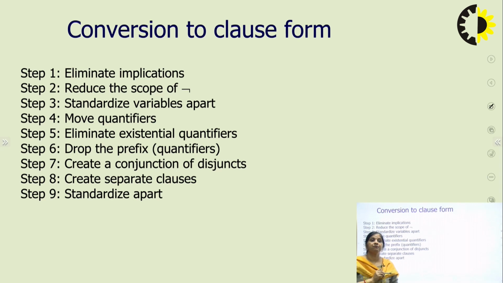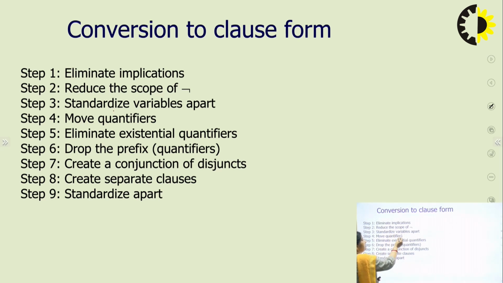These are the steps we discussed last time. Whatever proposition or statement is given, that can be converted to clause form, and these are the 9 steps that we discussed last time. I am considering them here again on one slide because when we do our example, we will need to apply all the steps. We will start with eliminating implication, then we will reduce the scope of negation.